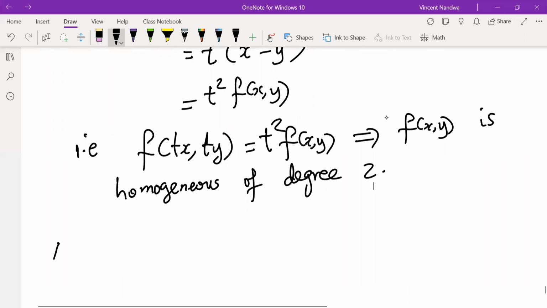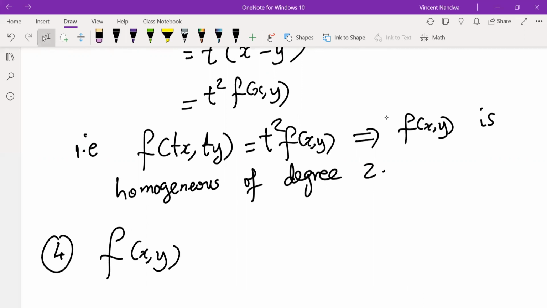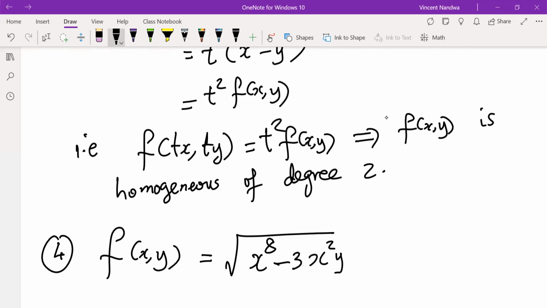Next one, that's 4. F of xy is given by square root of x power 8 minus 3x power 2 y power 6.